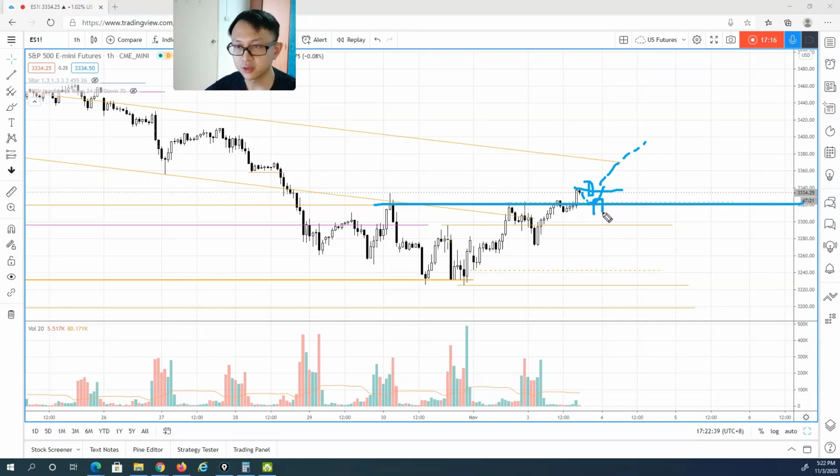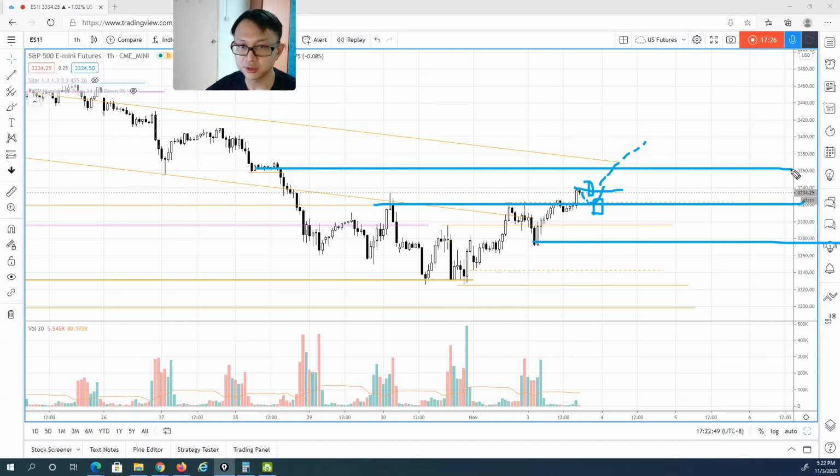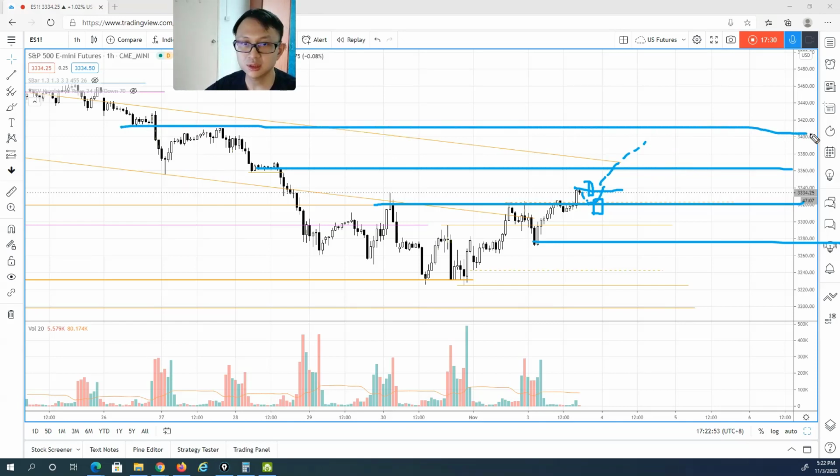So definitely watch out for this level. And this is another level, 3270. For the immediate resistance levels, I already talked about 3360, which is a relatively small level, and also 3400, which is a very decent and bigger level to watch.